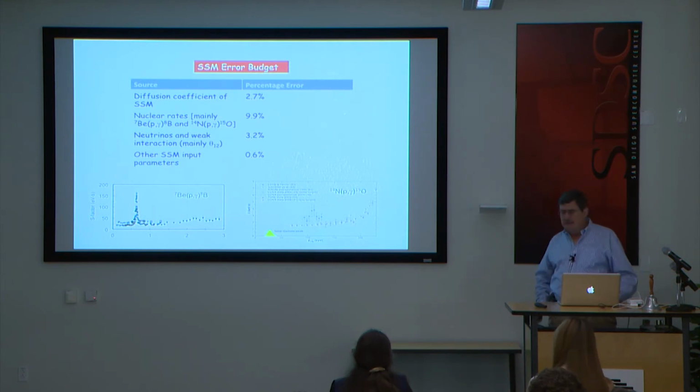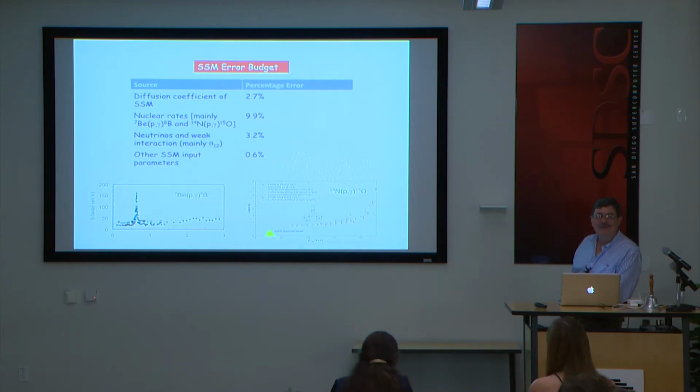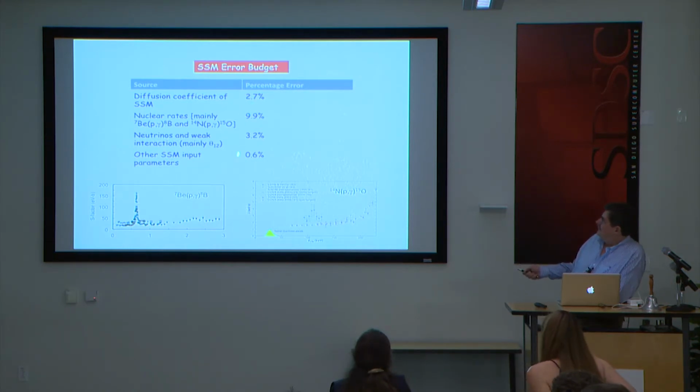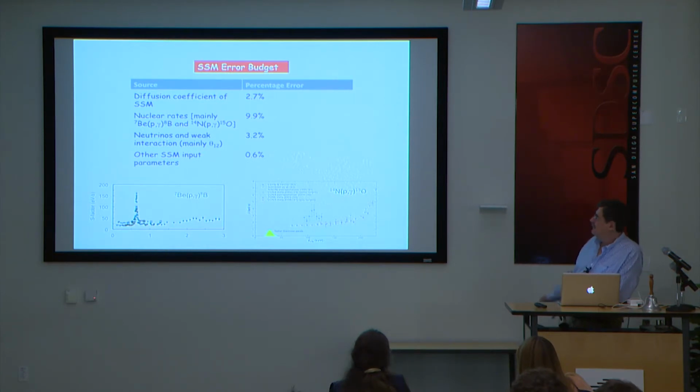Now, let me go back and go over this error budget. I mentioned that the theory has more errors than the observation. And this is where the errors are coming from. Percentage-wise, altogether you have 14% or so error in the sun. The 2.7% comes from the diffusion coefficient. That is still somewhat unknown. And other input parameters are about 0.6%.